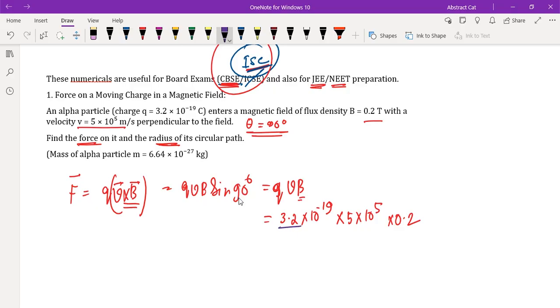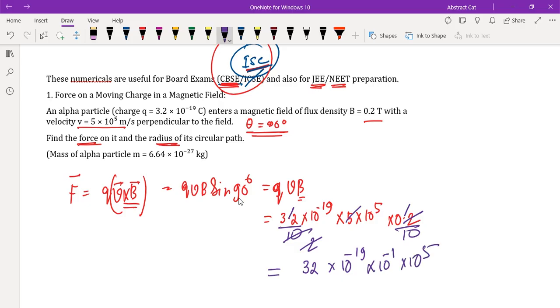So 32, now remove the 10 here, 5 to the 10, so the 2 cancels. Finally you get 32 into 10 to the power minus 19, this 10 to the power minus 1 and 10 to the power 5.